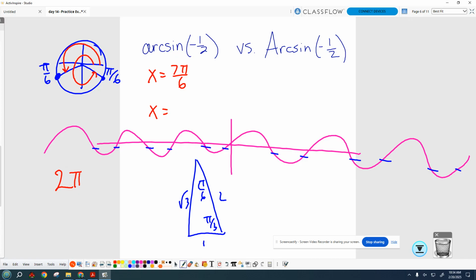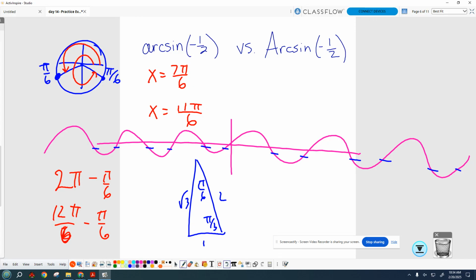Minus 1/6. So 6, oops. Multiplying by 6 over 6. Okay, so that's the two answers that can happen in a circle.